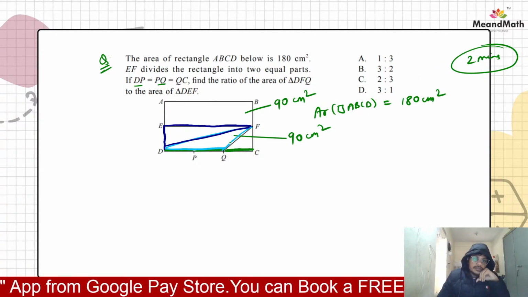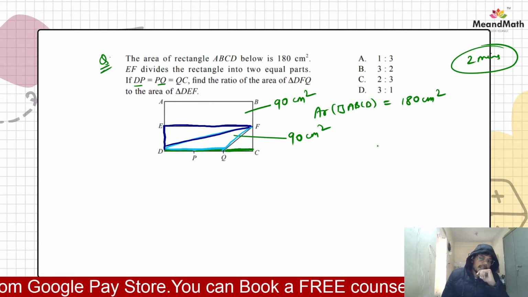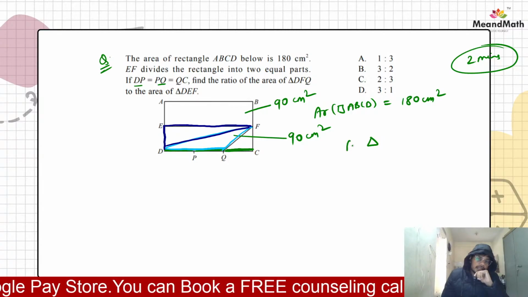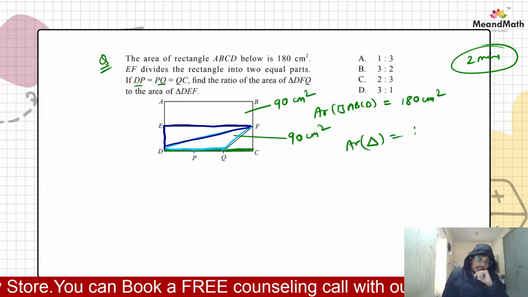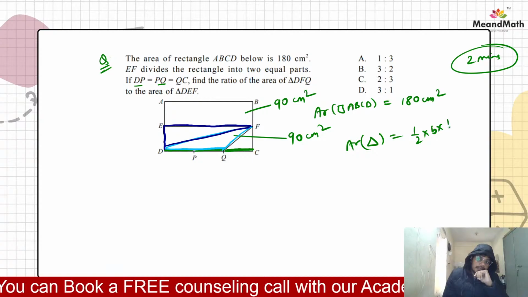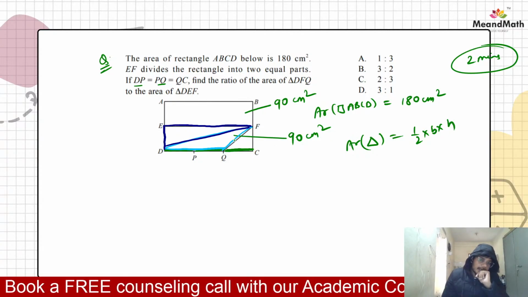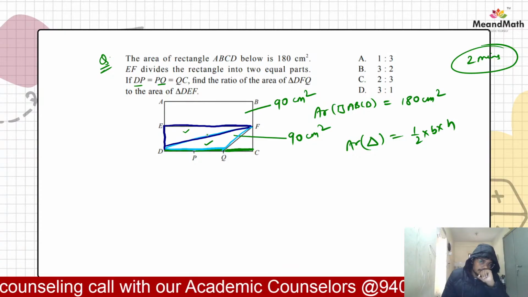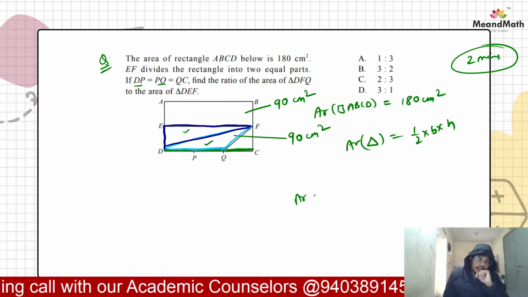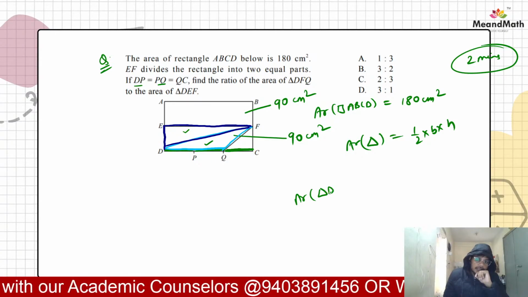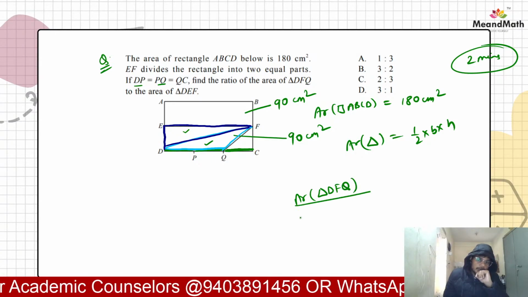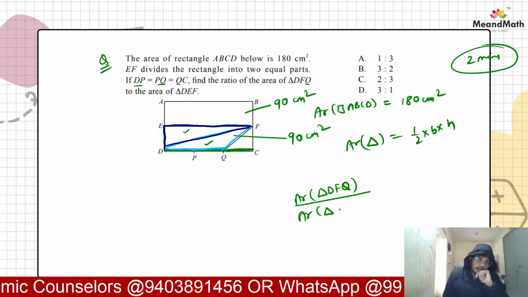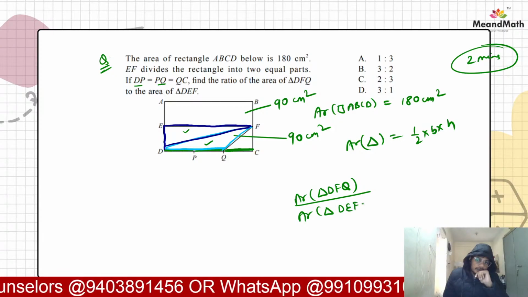So remember this one thing. What is the area of a triangle? Area of a triangle is half into base into height, right? Try to make something that is common in this area and this area, because you have to find the area of triangle DFQ upon area of triangle DEF.